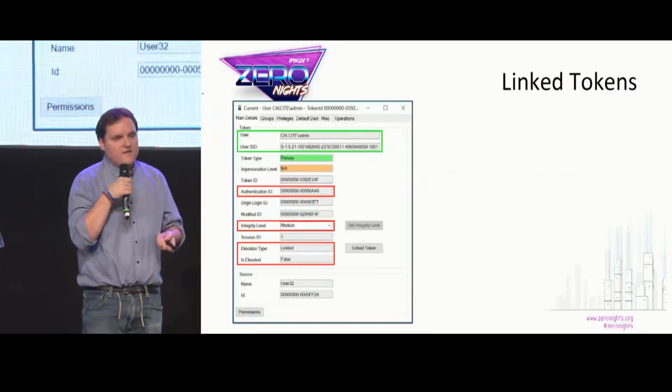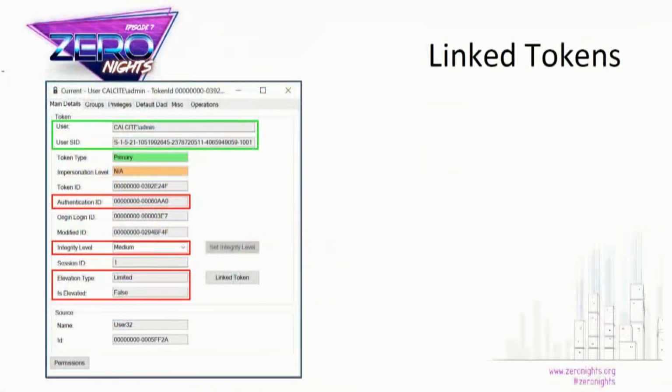The reason you can't bridge that gap is something called linked tokens. When you've got your limited, non-administrative token, under the hood it is inherently linked to your elevated token. Here we have basic information about your limited token.